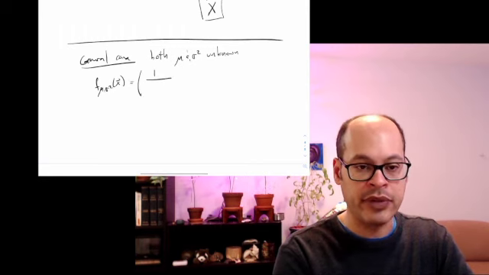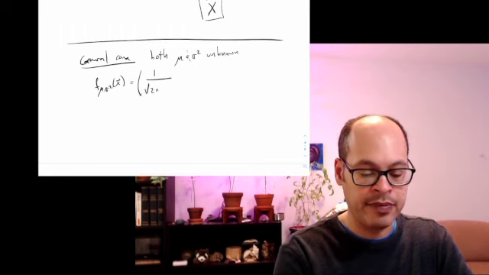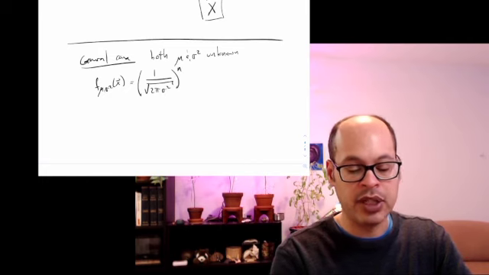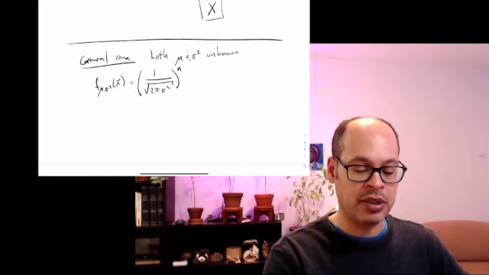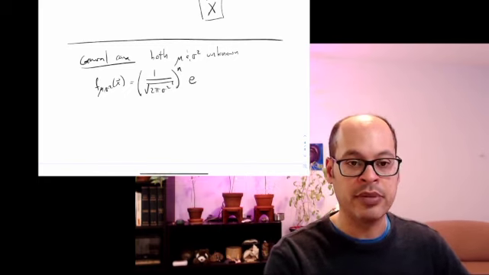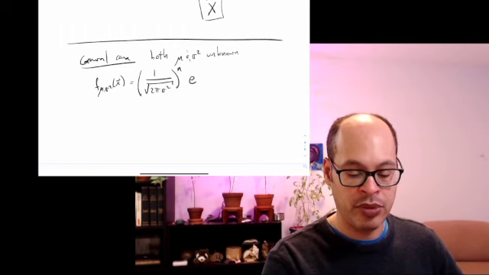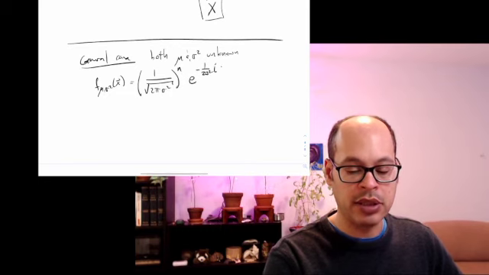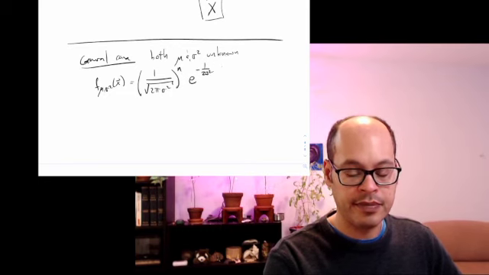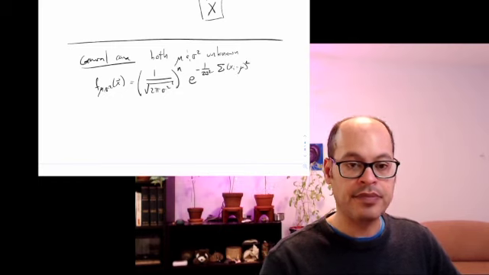This is given by this joint density function as follows, gotten by multiplying a bunch of normal distributions together with the same mu and sigma squared. So I got minus 1 over 2 sigma squared, and then the sum of these (xi minus mu) squareds.